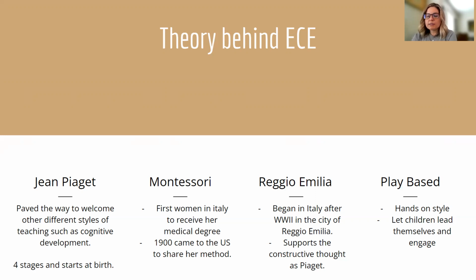So this is more the hands-on style. They let children lead themselves and engage. So this is just a little sample of what each of these theories entail. Again, we will dive into each of them later. And I'd love to hear too, if some of you have taught in any of these environments, or led curriculum in this way, because I would love to hear more about it.